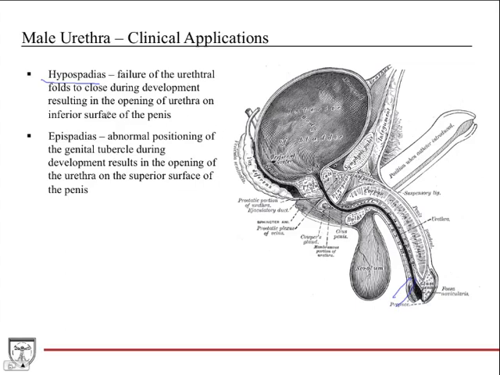Versus epispadias, which is an abnormal positioning of the genital tubercle during development, and it results in an opening of the orifice up this way on the more superior surface of the penis. So this is epispadias and then hypospadias. These are 2 congenital abnormalities that you might see on an exam, so just be aware of them. If you have an embryology textbook, you can read a little more about the abnormality that happens during development itself.